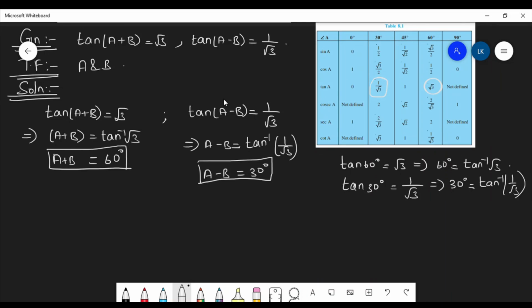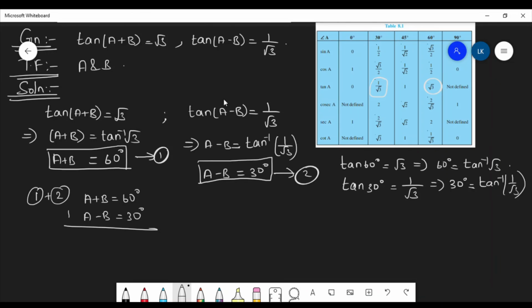Now add equation number 1 and 2. A plus B is equal to 60 degrees and A minus B is equal to 30 degrees. Add both the equations. B cancels out. Therefore 2A is equal to 90 degrees. A is equal to 45 degrees. Mark it as equation number 3.